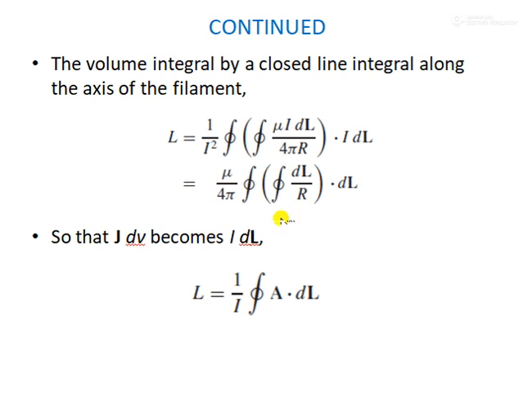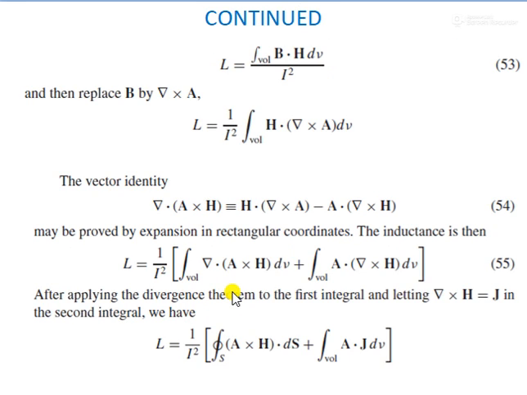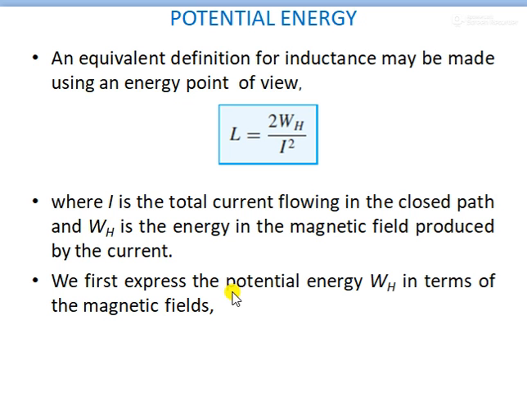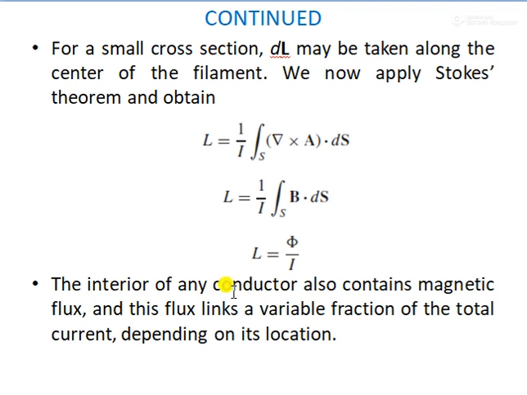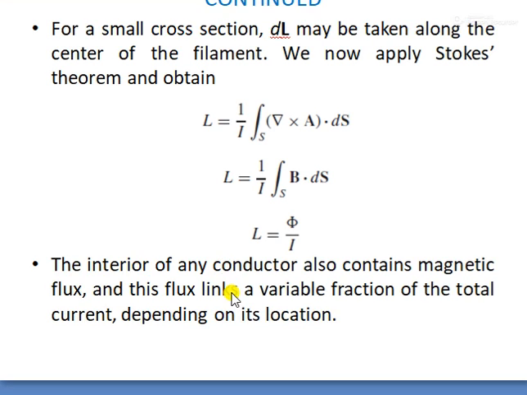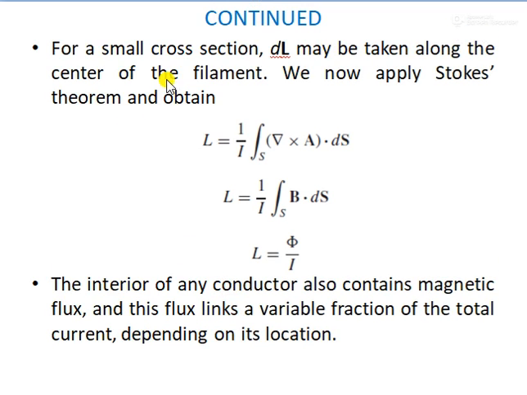This is nothing but A by I. So we can say this is the equation for inductance. For a small cross section, dl may be taken along the center of the filament.